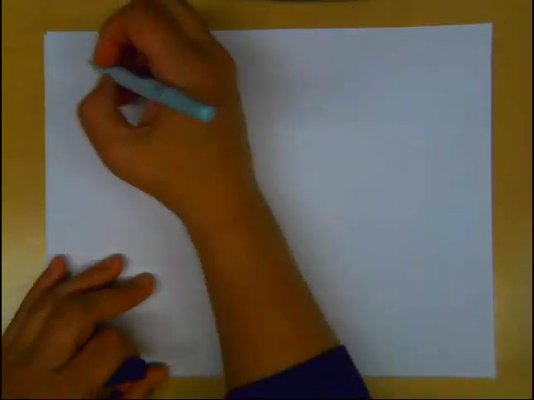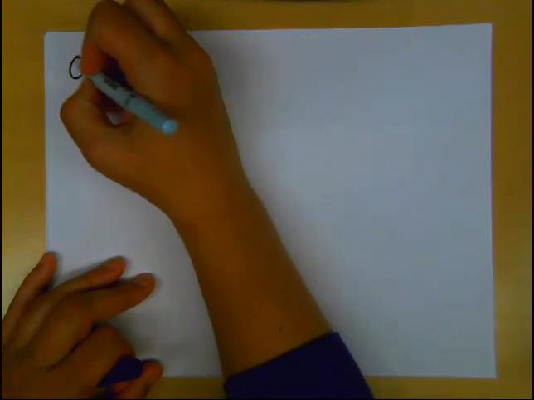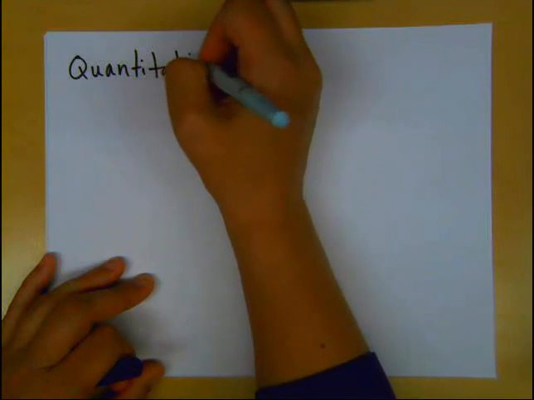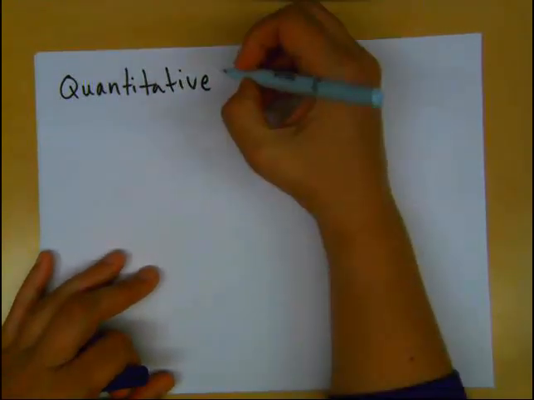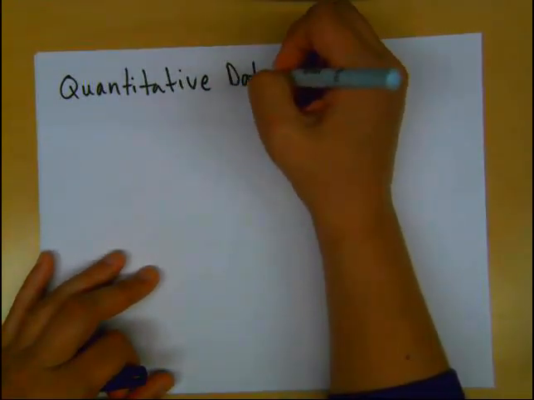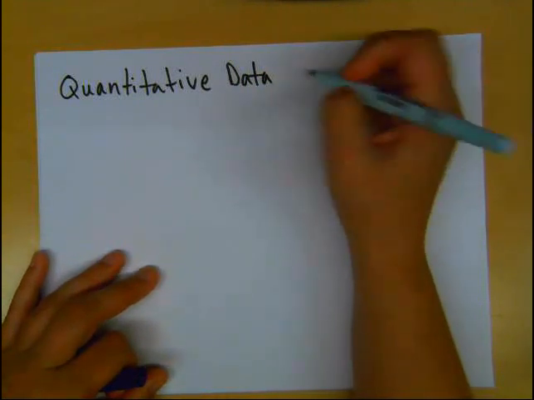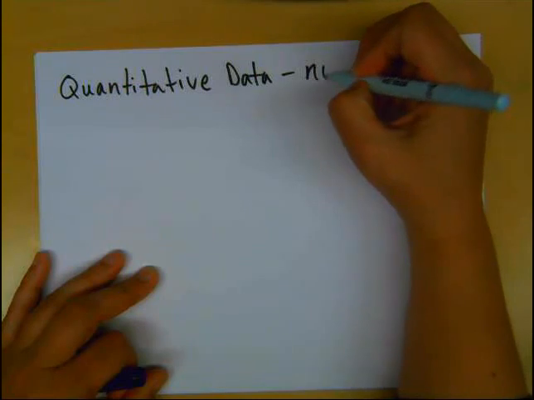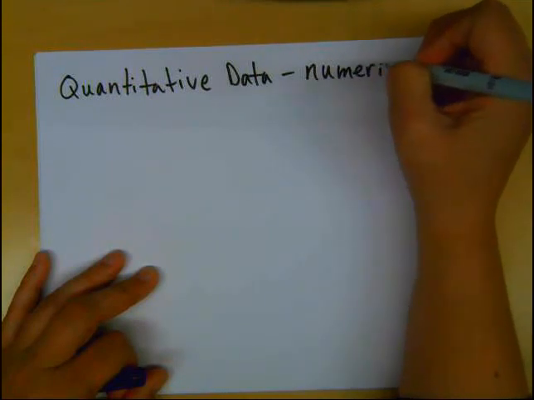Now there are different types of data that we're going to measure. We're going to start with the difference between numeric versus categorical data and the terminology that we use. We have quantitative measurements or data. Think about this as our numeric data.